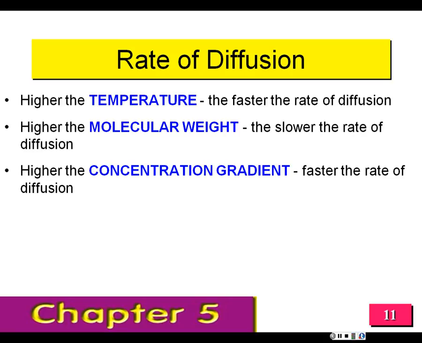Which one's moving the fastest? How many people say this one? How many people say this one? How many people say they don't know? This one is going to move faster.